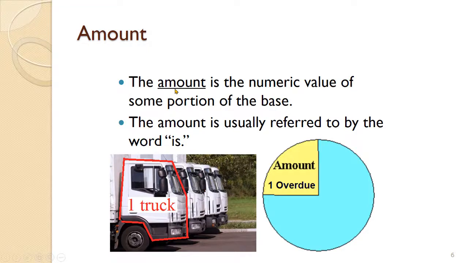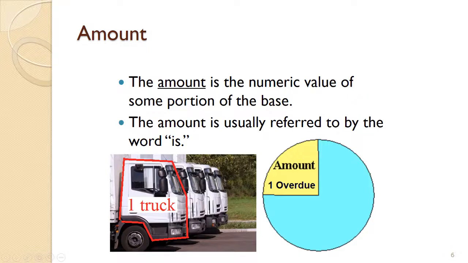The amount is always what the rate is worth. And because of the way we use the English language, the amount almost always shows up next to the word is. 1 truck is 25% of the whole fleet. And the thing to note here is that the amount is typically some portion or some part of the whole thing or of the base.